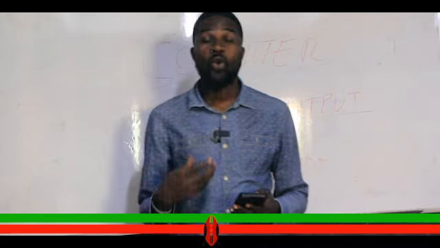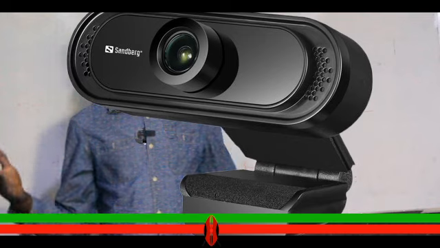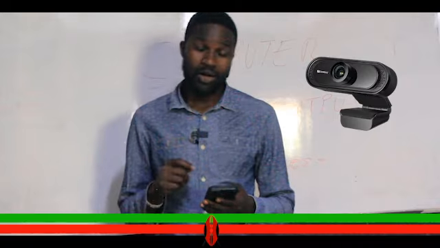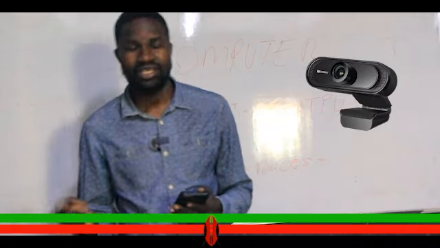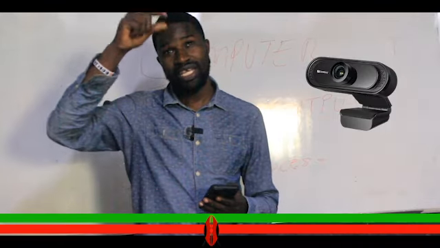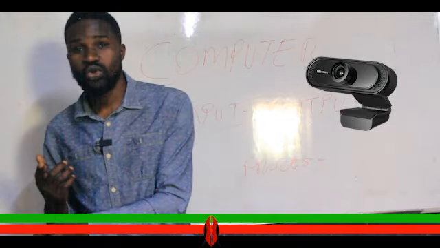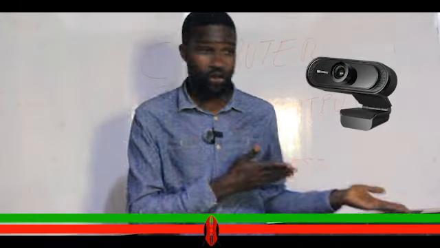Then we have the webcam. What is a webcam? A webcam is a camera. Most of the time when you go to computer cyber cafes, you will see computers with cameras on top. Those cameras are called webcams.